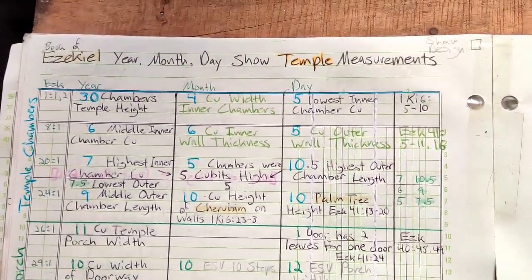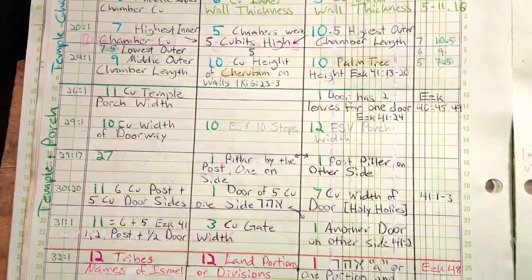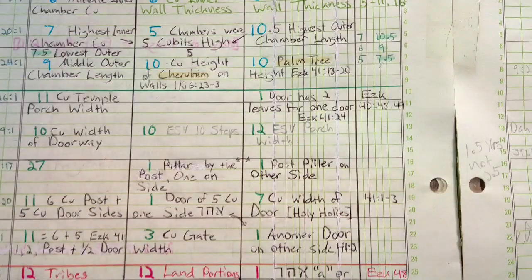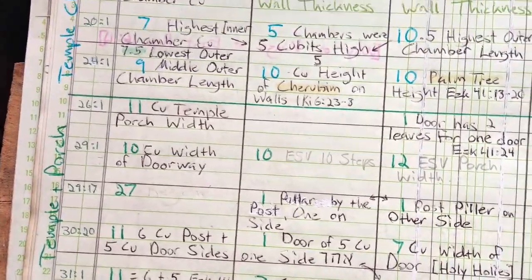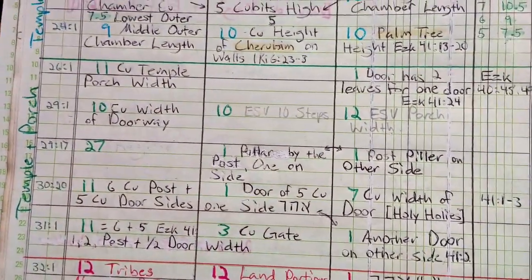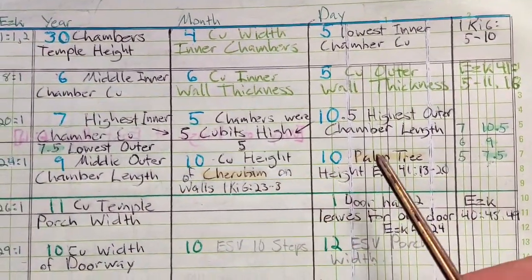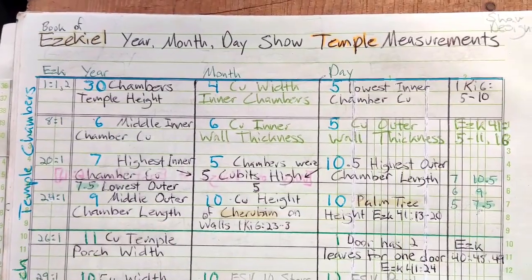So we have other videos where we talk about this, Ezekiel time, and then we've talked about the north and south chambers, and then each time we talked about the temple porch. All those dates are measurements. And here we're just reminding you that the cherubim and palm trees were also coded in the book of Ezekiel in time.